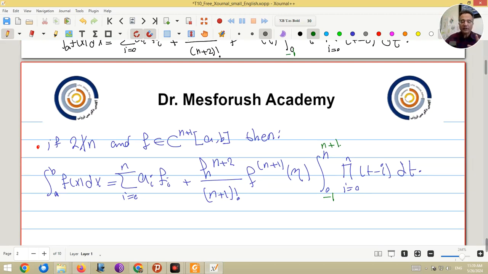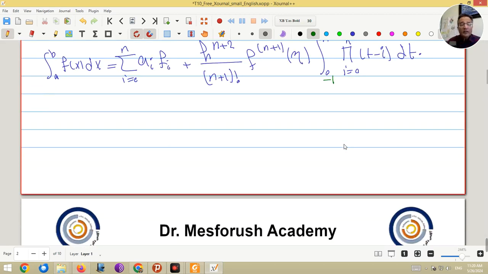This is the error term for the open Newton-Cotes formula. Okay? Please put these two formulas in your mind. I will use all of these formulas later.